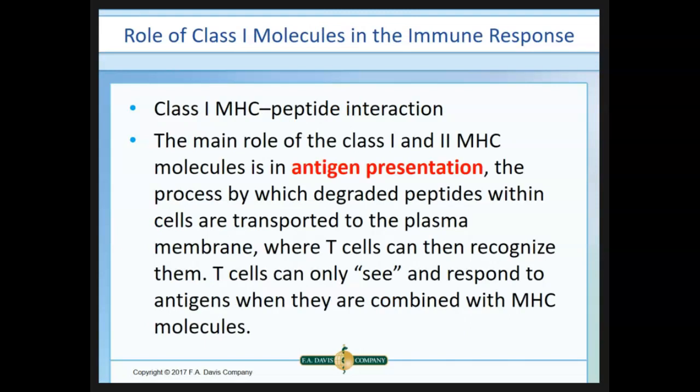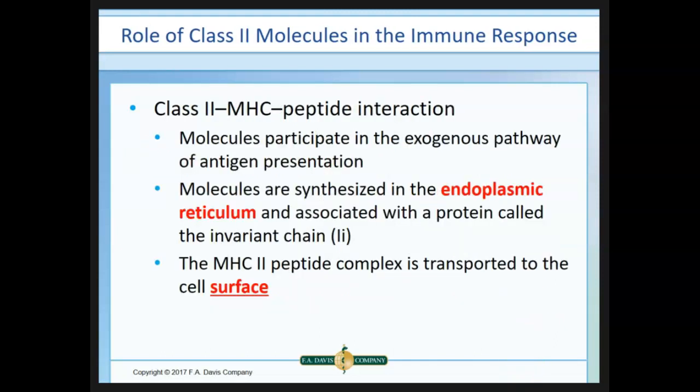Class 1, there's peptide interaction. The main role of the class 1 and 2 MHC molecules is in antigen presentation. And again, these have to present the antigens to T cells so T cells can see and respond when they are combined with MHC molecules. Class 2, also peptide interaction. These molecules are synthesized in the endoplasmic reticulum and associated with a protein we don't even care about.